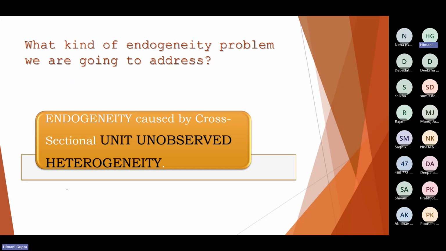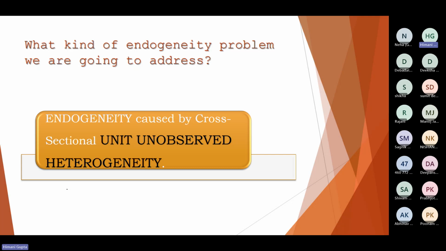Whenever we are saying that your endogeneity problem is going to be addressed, there will be heterogeneity. Because let's say if I'm talking about COVID-19, COVID-19 will not affect all the countries equally. If you remember homogeneity and heterogeneity, homogeneity means equal variance. It is going to affect everyone equally. But heterogeneity says it will affect different persons differently. So if COVID-19 is there, it is affecting different countries differently.